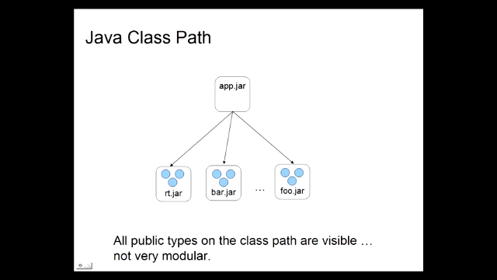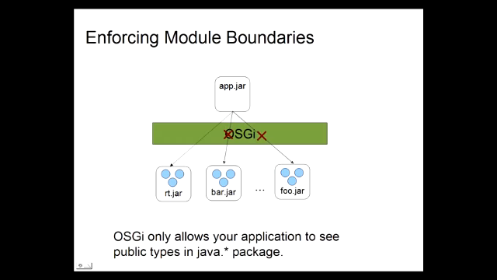So in this example, the blue circles really represent public classes within packages that are in these jars, and they're all visible and accessible by your application code. So this isn't really modularity at all. You're just basically seeing every class that's available on the class path, and there's no way to control the visibility between the public types on the class path.